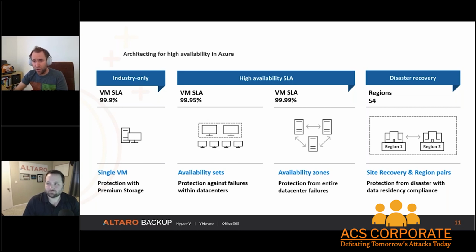And in case of a failover, if a complete region should go down, like let's say North Europe, which is Dublin, all the services which you designed to fail over to the second region, which would be West Europe, in Amsterdam, would fail over to that region. And you can use services like Site Recovery, or if you have geo-redundant storage solutions, you can fail over those services. For VMs, Site Recovery is the way to go for that scenario.